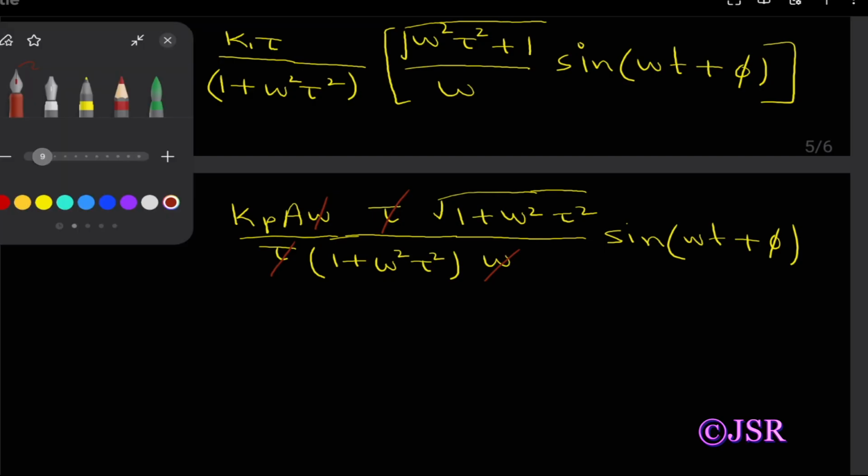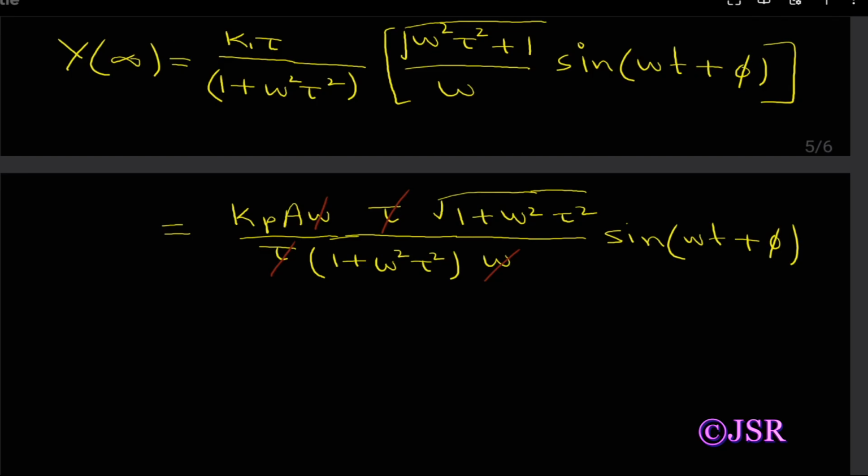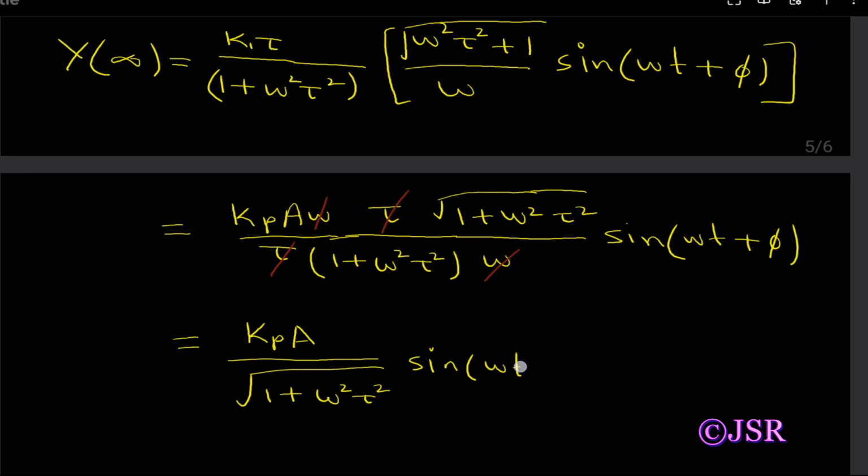So now this omega gets cancelled, tau gets cancelled. So finally we will get Kp A upon under root 1 plus omega square tau square, and then sine omega t plus phi.